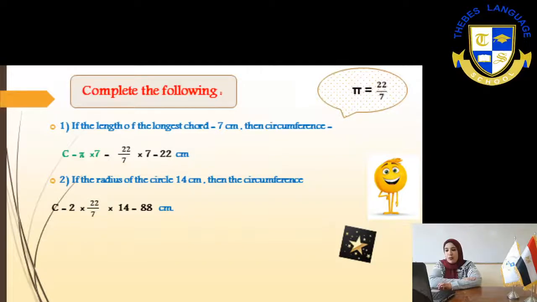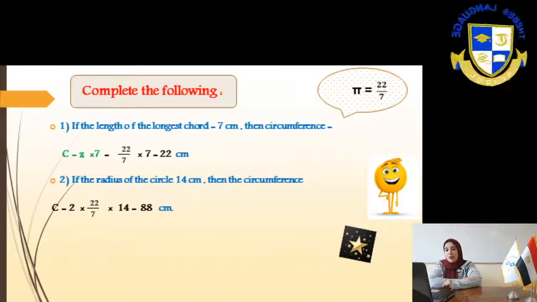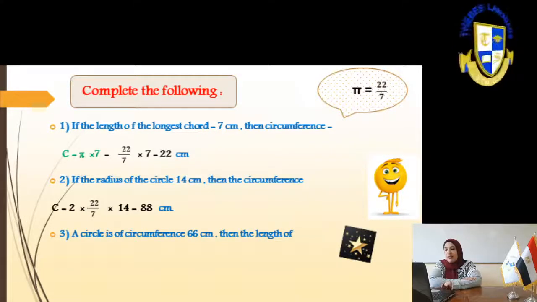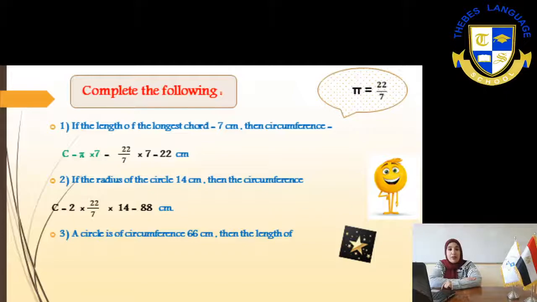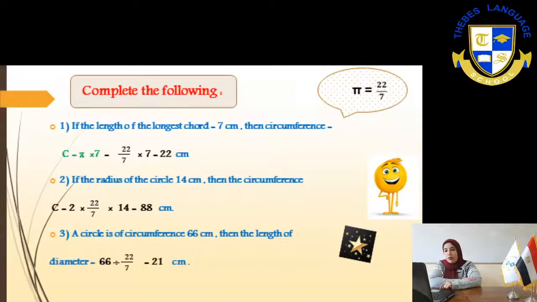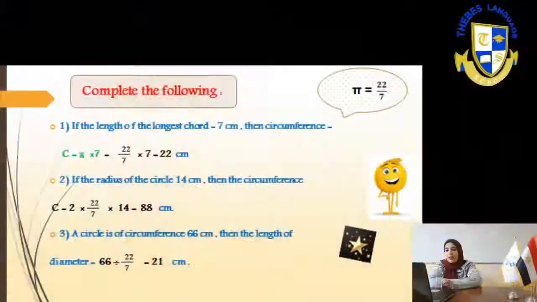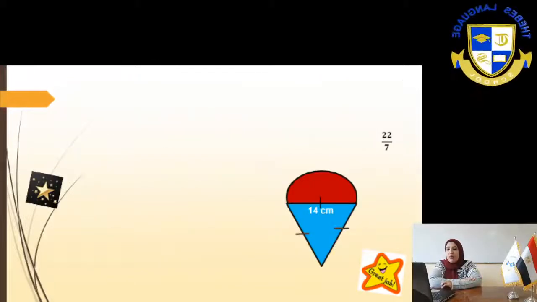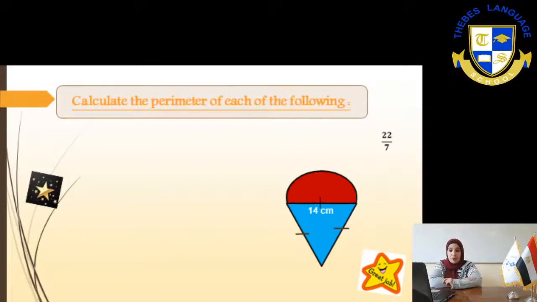The answer will be 88 centimeters. Number 3, a circle with circumference 66 centimeters, then the length of the diameter. How can we get the length of the diameter? Circumference divided by pi, 66 divided by 22 over 7. You can use your calculator. The answer will be 21 centimeters.